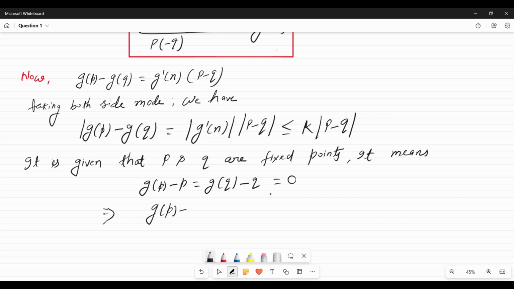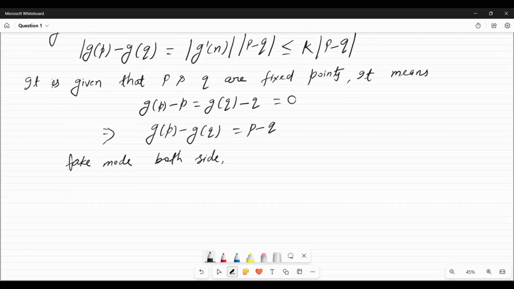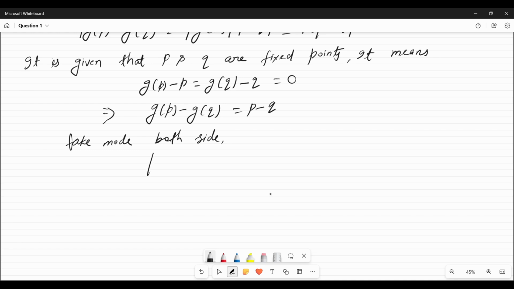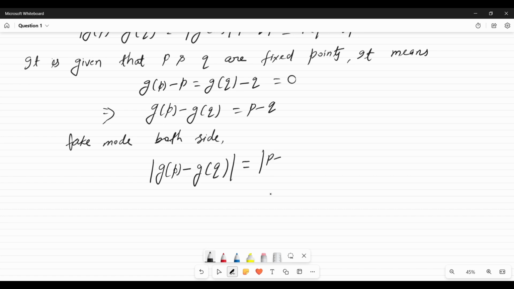So g(p) minus g(q) will be equal to p minus q, and take mod on both sides. So mod of (g(p) minus g(q)) is equal to mod of (p minus q).